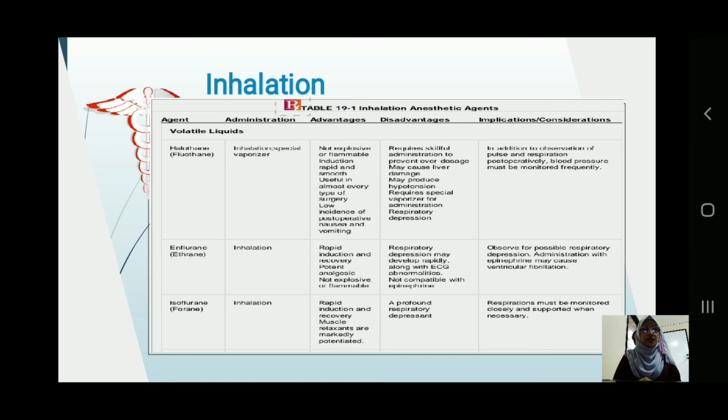The disadvantages are: requires skillful administration to prevent overdosage, may cause liver damage, may produce hypotension, requires special vaporizer for administration, and respiratory depression. And the implication or consideration is, in addition to observation of pulse and respiration post-operatively, blood pressure must be monitored frequently.